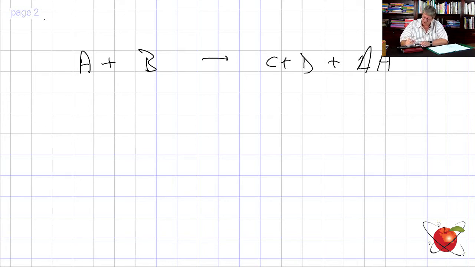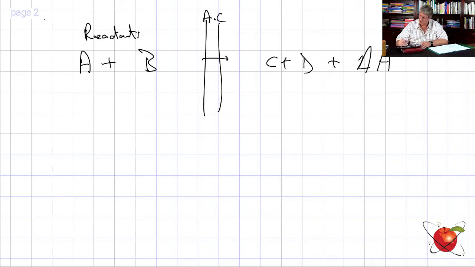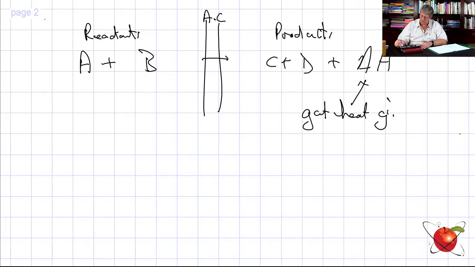It means that this is my reactants. This is my cooking zone or my activated complex. This is our products. So what did we do? We got heat given off, which means it must be exothermic.